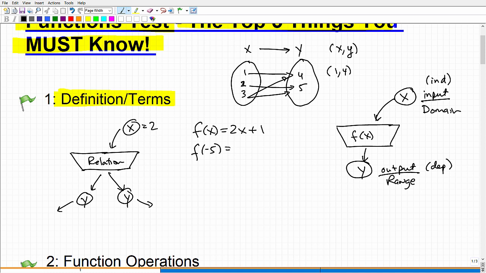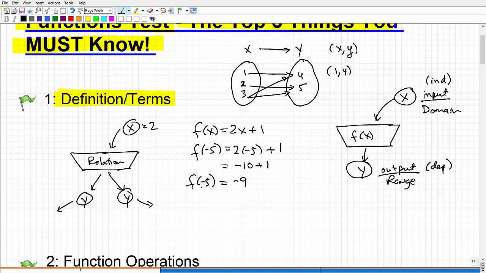You need to know what that means. Evaluate this function for this value. That means plug in the negative 5 where the x is at and then simplify. So you have to go with your order of operations. This is negative 10 plus 1, so that's negative 9. So f of negative 5 is equal to negative 9.